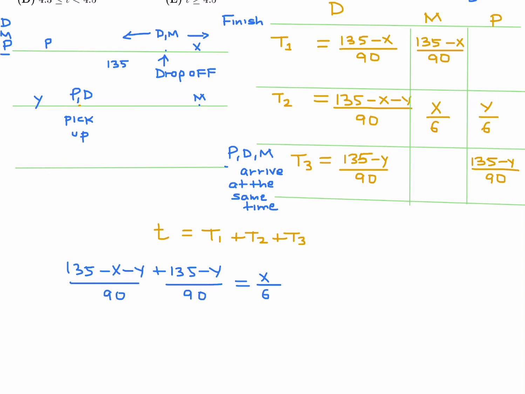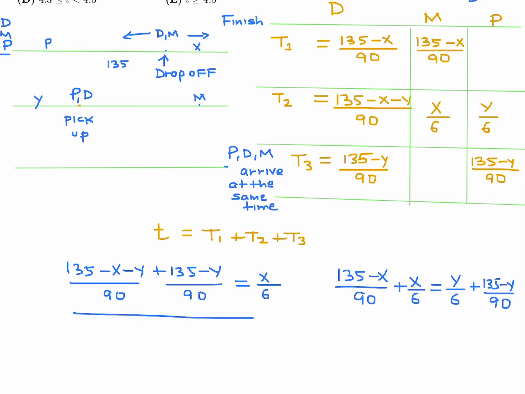So that means that (135 - x)/90 plus x/6 is equivalent to y/6 plus (135 - y)/90. So there we go. We got two equations, two variables. We can now solve for x and y.